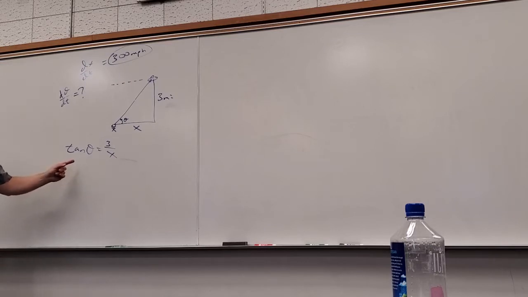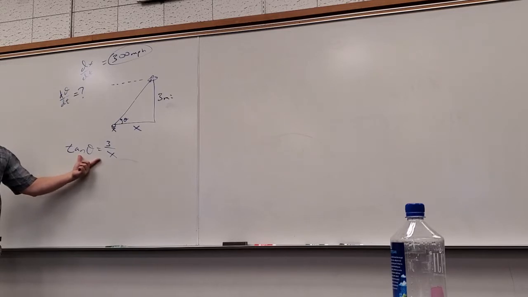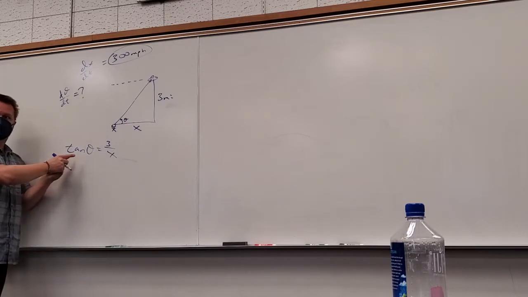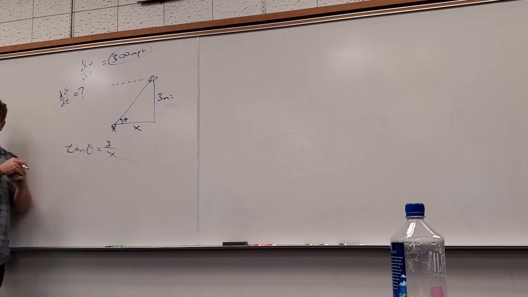Now, you can do something to make this a little bit simpler. It's up to you. Because what am I going to want to do with this equation now? Take the derivative, right? You could take the derivative as it is. Or I could do a little something. It's up to you. What do you guys want to do?